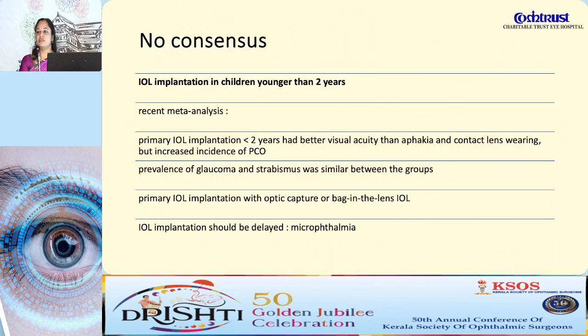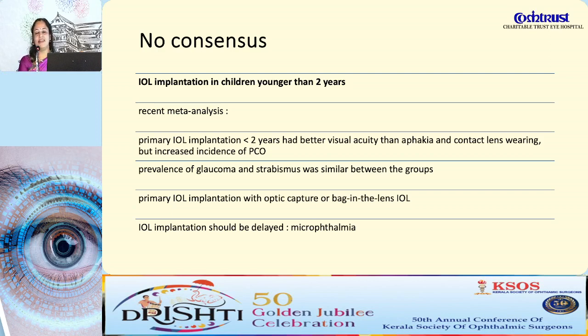In spite of asking these experts, there was no consensus regarding the following things. That is, IOL implantation in children younger than 2 years. There was a meta-analysis which showed that if you implant a primary IOL in less than 2 years, they had better visual acuity when compared to a group which were aphakic and wearing contact lenses.